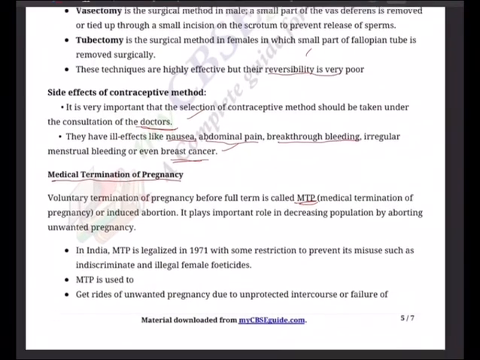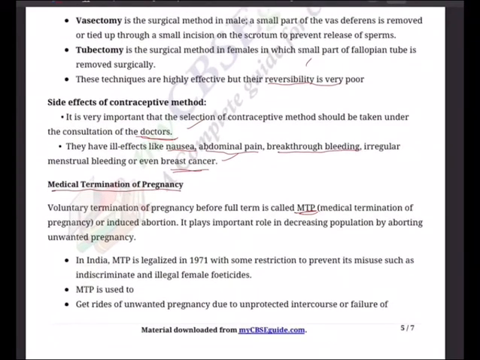In India, MTP was legalized in 1971 with some restrictions to prevent its misuse, such as indiscriminate and illegal female feticides. And MTP is used to get rid of unwanted pregnancy due to unprotected intercourse. So here the intentional or voluntary termination of pregnancy before the fetus becomes viable is called MTP, or induced abortion.